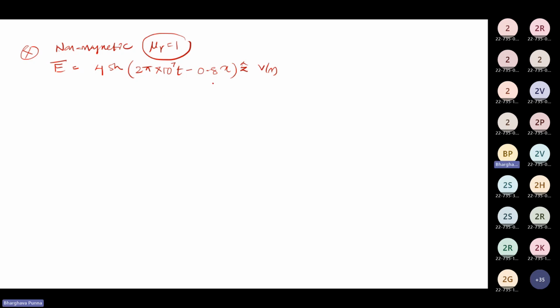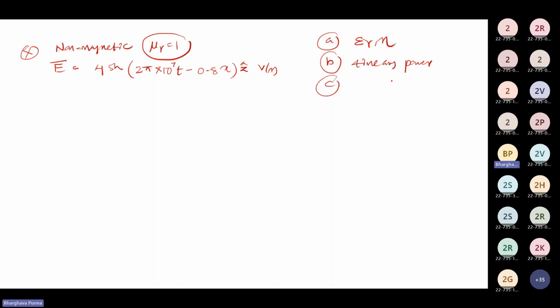What we need to calculate: here there are 3 parts actually. First question is calculate epsilon r and eta. Next, B is the time average power carried by the wave.